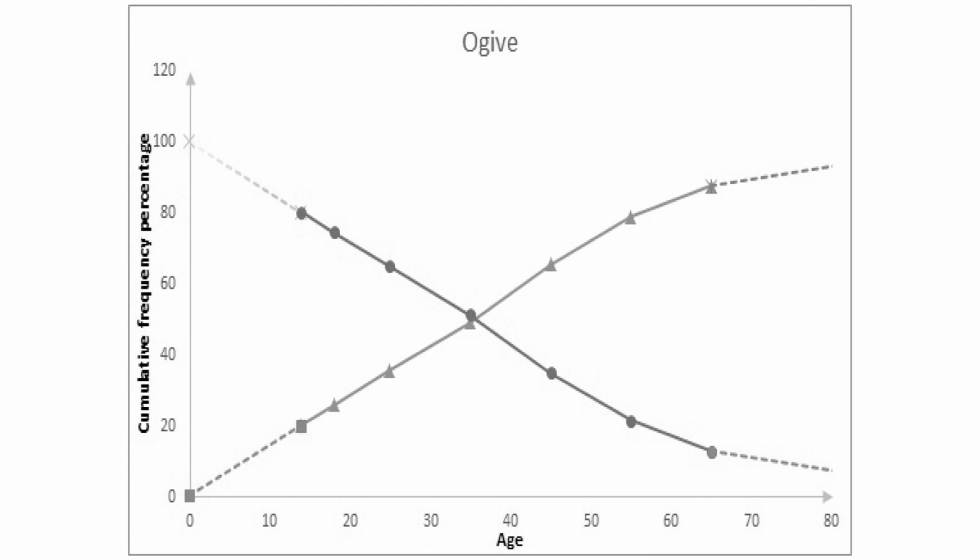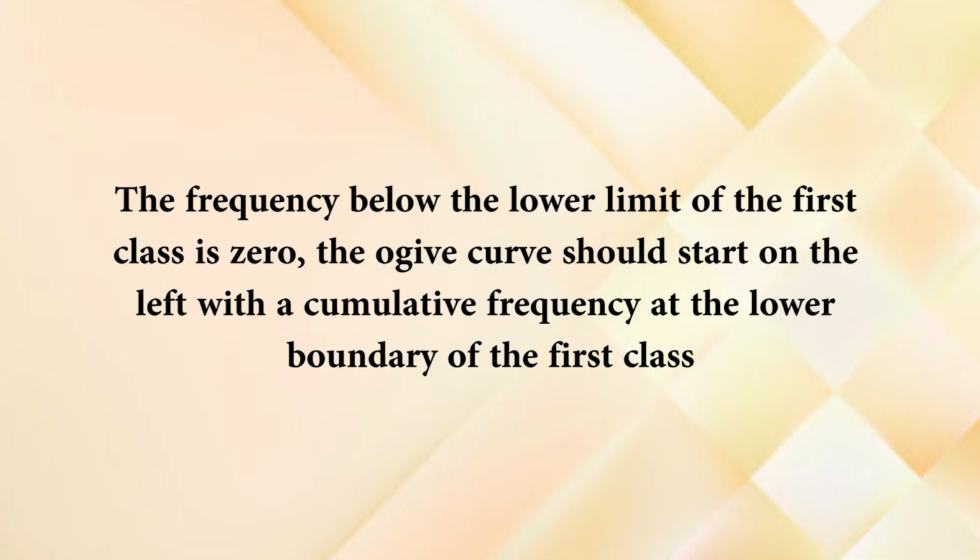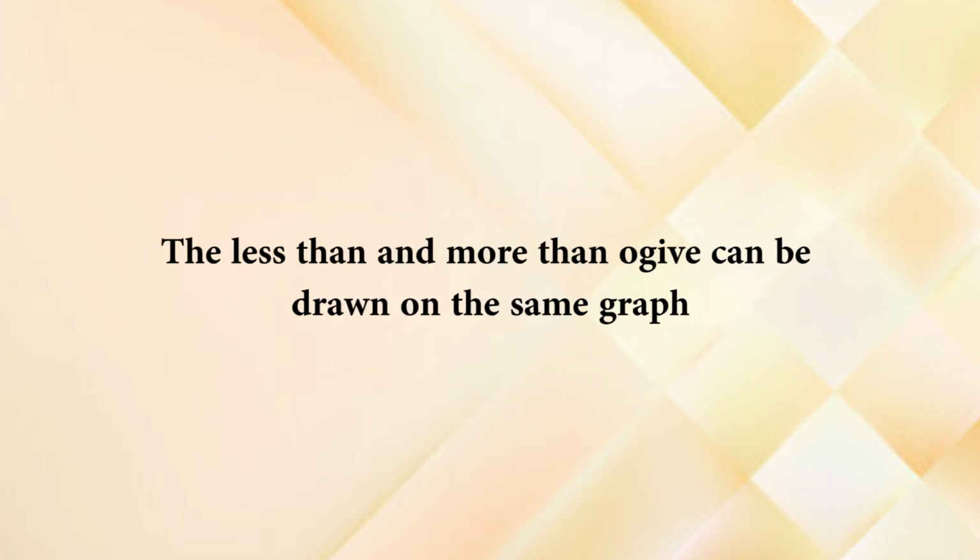Certain points to be noted while constructing the ogive: the frequency below the lower limit of the first class is 0, so the ogive should start on the left with a cumulative frequency of 0 at the lower boundary of the first class. Less than and more than ogives can be drawn on the same graph.